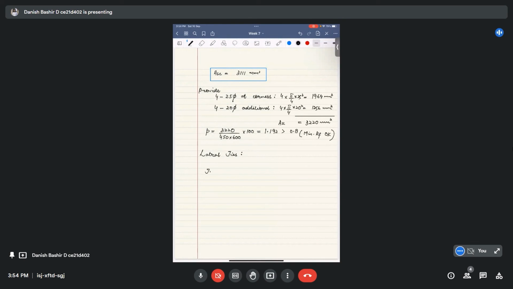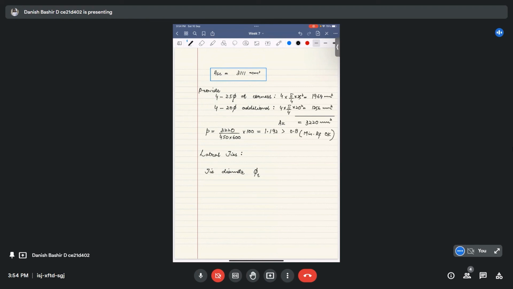As per the code, the tie diameter, that's phi t, should be greater than any of the following: phi longitudinal divided by 4, that is the maximum diameter of the longitudinal bar divided by 4, or 6 mm.